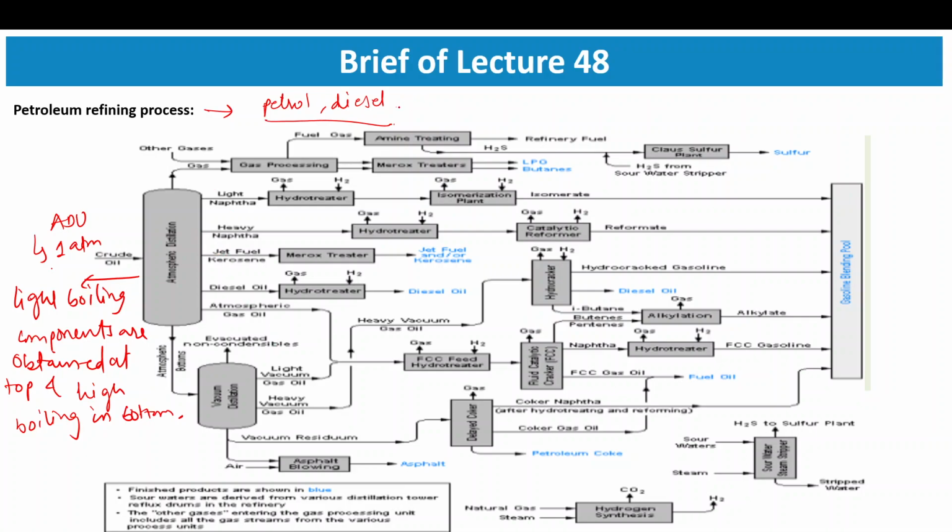For example, there will be petrol and diesel, and both will have different boiling points. Petrol, you can say, is light naphtha or gasoline. If this plate operates under the boiling point of petrol, then a cut is provided from which you can continuously draw light naphtha or gasoline.